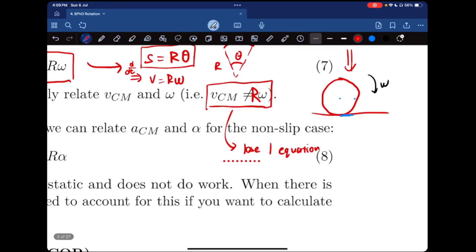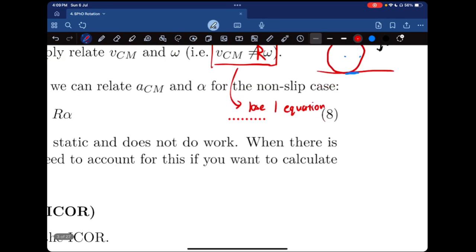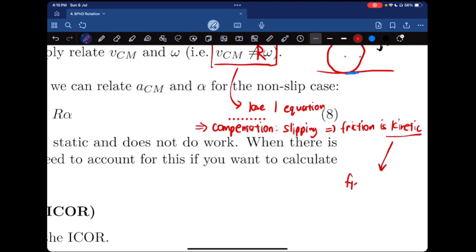So you lose one equation here. But you actually get compensated one equation, because when something is slipping, friction is kinetic. And you know that for kinetic friction, you can write this.